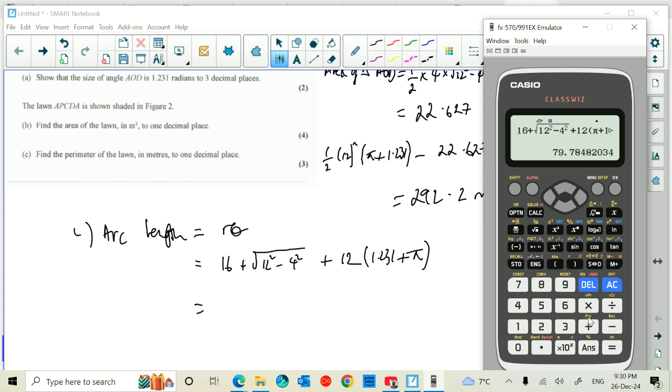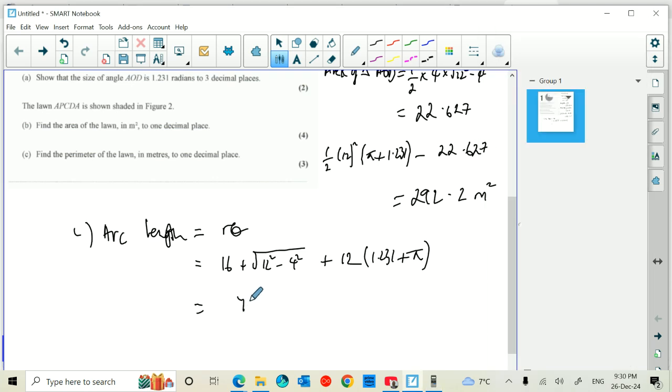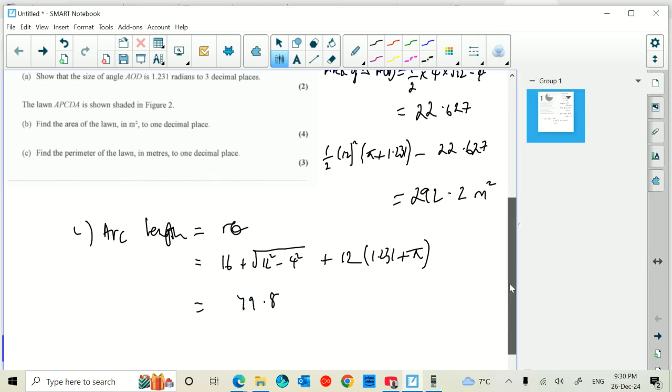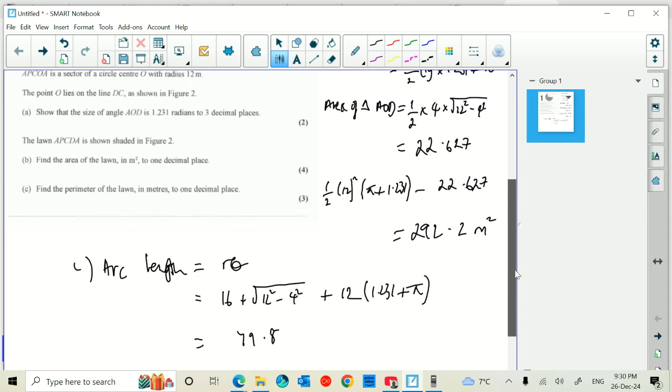That gives us 79.8 to one decimal place. So the answer is 79.8 to 1 dp, and there's your 9 marks.